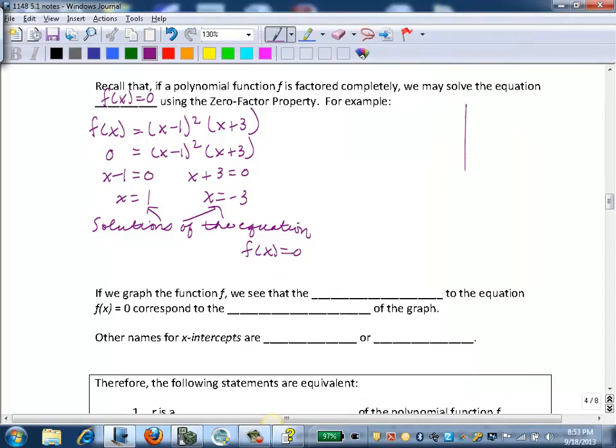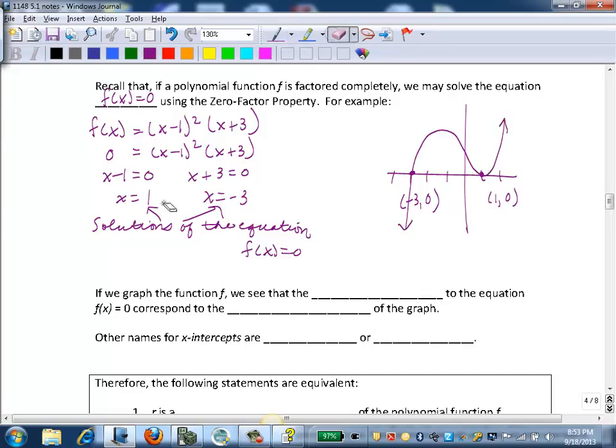So if we make a little sketch, if we remember this important property that the solutions correspond, so at (1, 0) and (negative 3, 0), these are the x-intercepts of this function. So the solutions of the equation f of x equal to 0 correspond to the x-intercepts of the function.